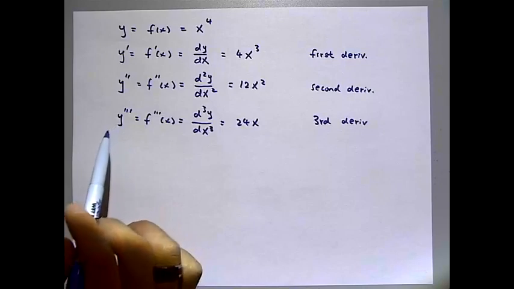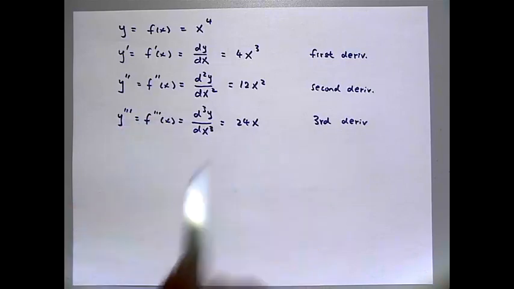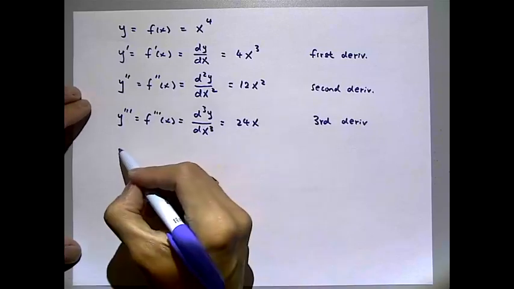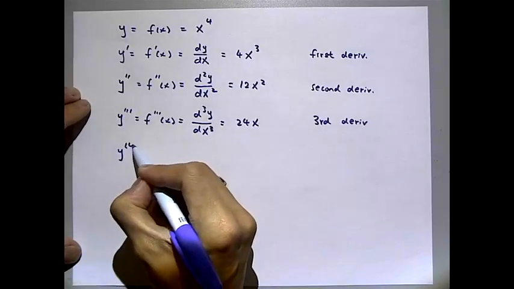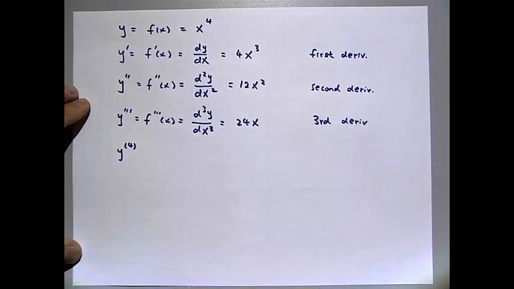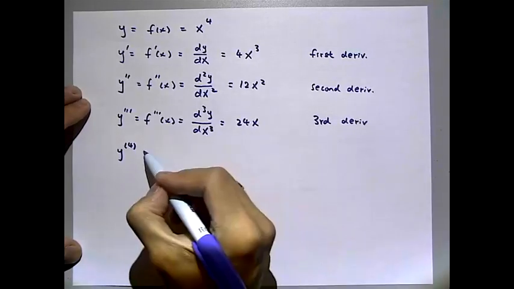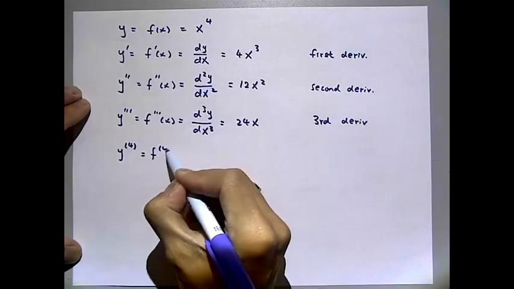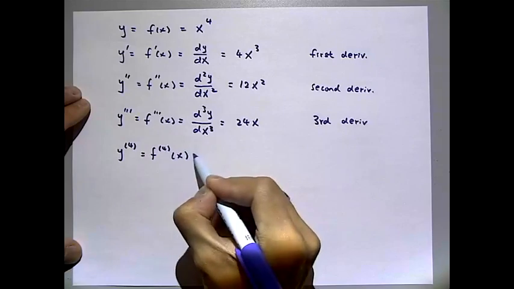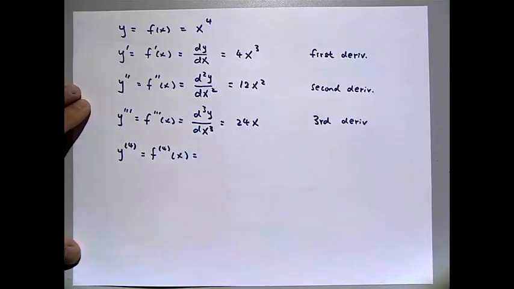Imagine taking the 10th derivative: you put 10 of these things here, then you got to count that. That's really silly. So beyond the third one, what we do is we put a number in parentheses to indicate that. We don't put any more primes after the third one. It's not practical, and it's very cumbersome to count.